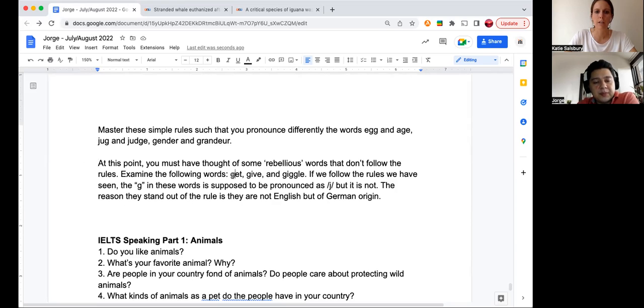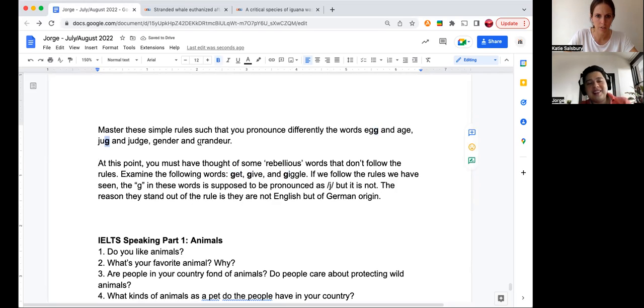Yeah. So there are exceptions. So technically, following the rule, this is followed by an E or an I, so it should be pronounced as a J, but these are exceptions. These are pronounced as G: get, give, and giggle. Right. So we have exceptions. Okay. So does that help clarify a little bit?